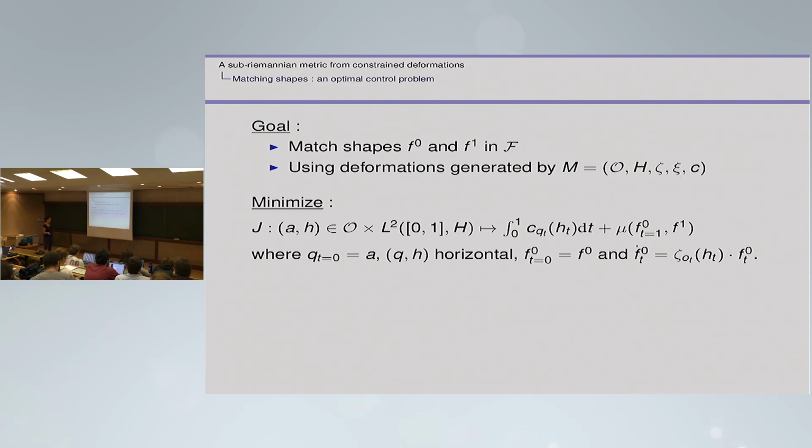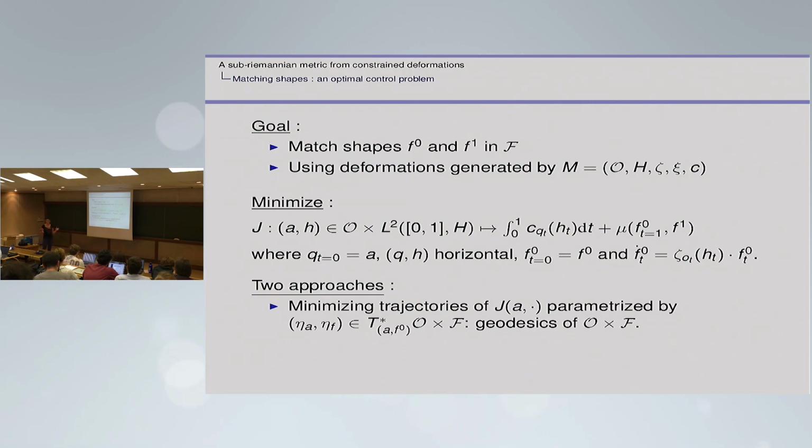Here you have two strategies. The first, if you want to find what is the best way to transform F0 into F1 using your priors. The first approach, which is the correct one, in a sense, is to minimize this.